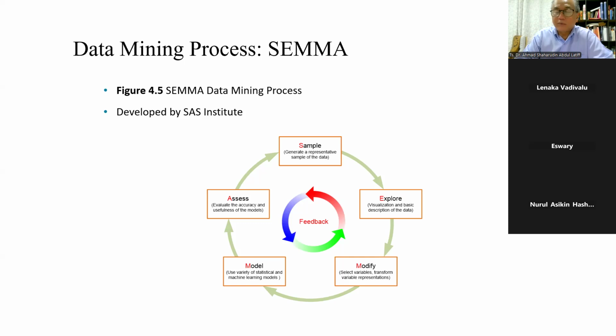Then create a model, using a variety of statistical and machine learning models. Just now, we covered machine learning models, supervised, unsupervised, and so on. Then they evaluate the model's accuracy and usefulness. Then we will use that model, then go back to sample and so on. So this is the SEMMA process.